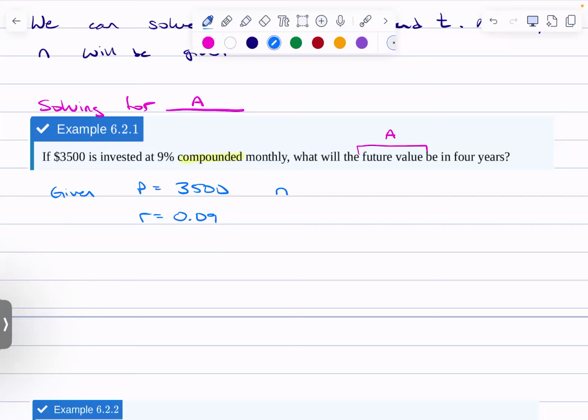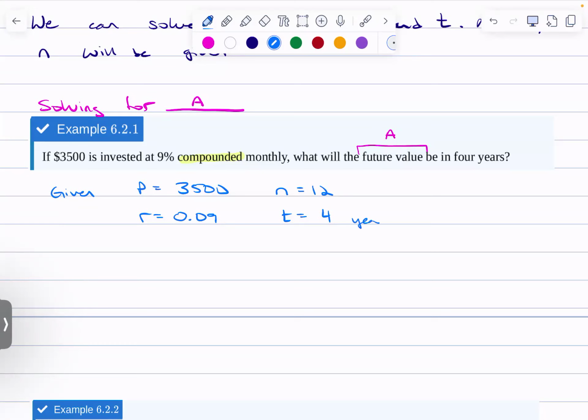But there are clues. So if it's compounded monthly, right, then there are 12 months in a year, so that means we're compounding n equals 12 times per year. And we want to find A, and the last piece that we have is T, which is going to be in 4 years.